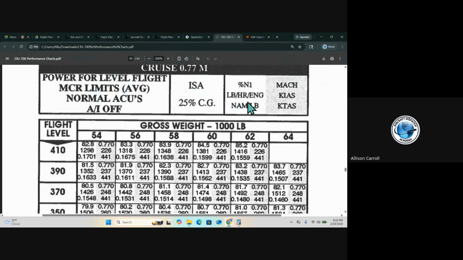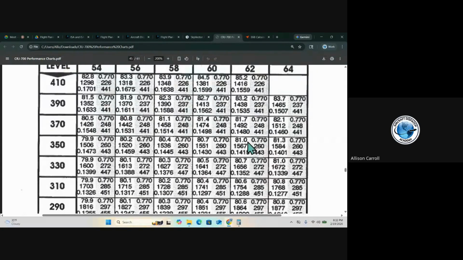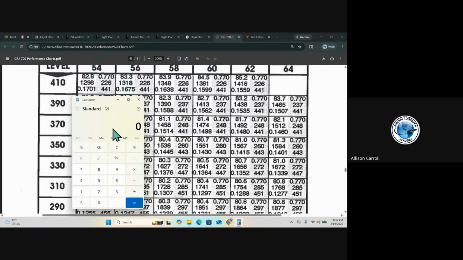This doesn't just give us a total fuel burn because this is per hour for one engine. Okay, so 1492 is a full hour for one engine. Well, we have 2 engines, right? So we're going to take that 1492 and multiply that by 2. And that is 2 engines for an entire hour.